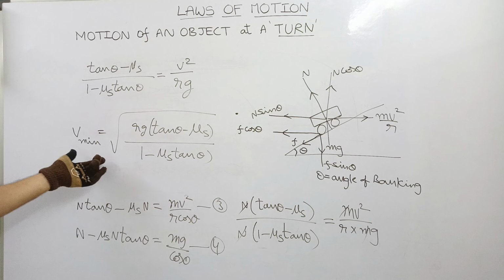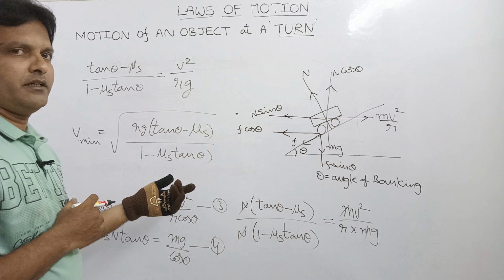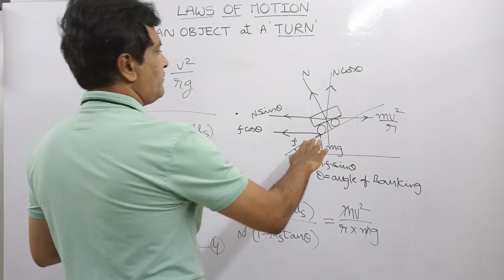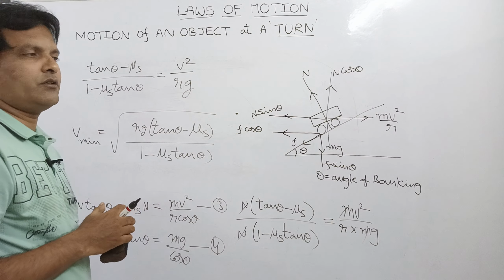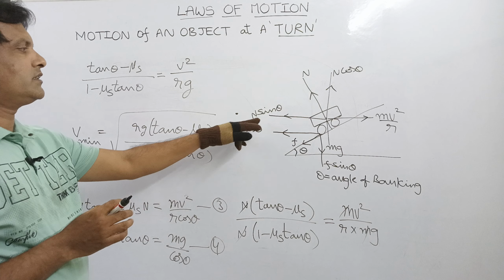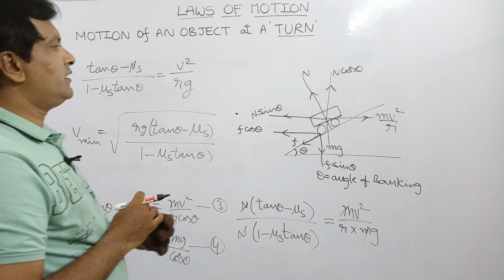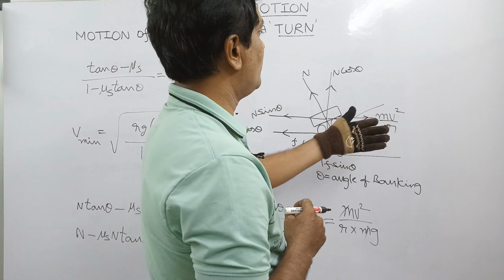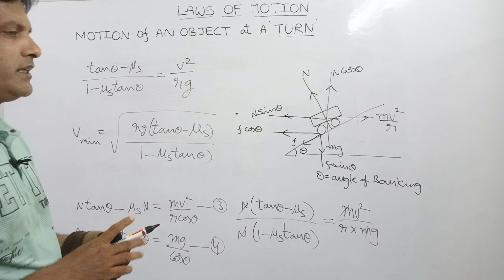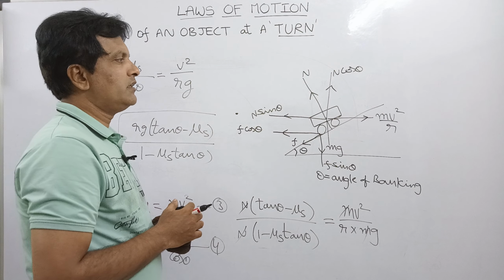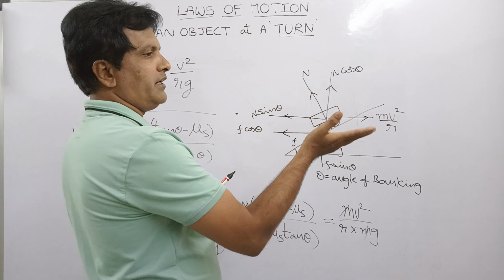So V minimum is the minimum velocity required so that the vehicle will move in a turning without slipping down, because n sin theta is more in case B. In case A, mv square by r is more, so we put a maximum limit for the velocity so that it will not fall away.